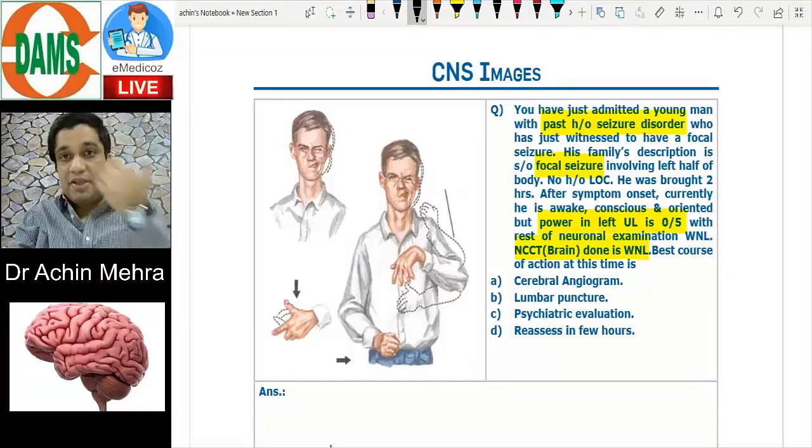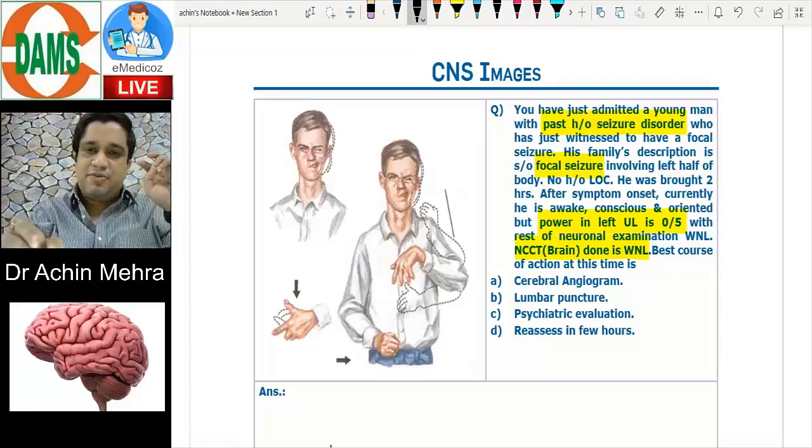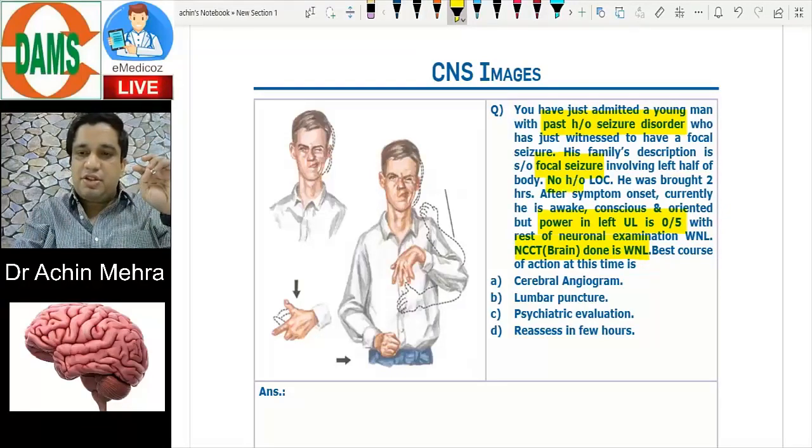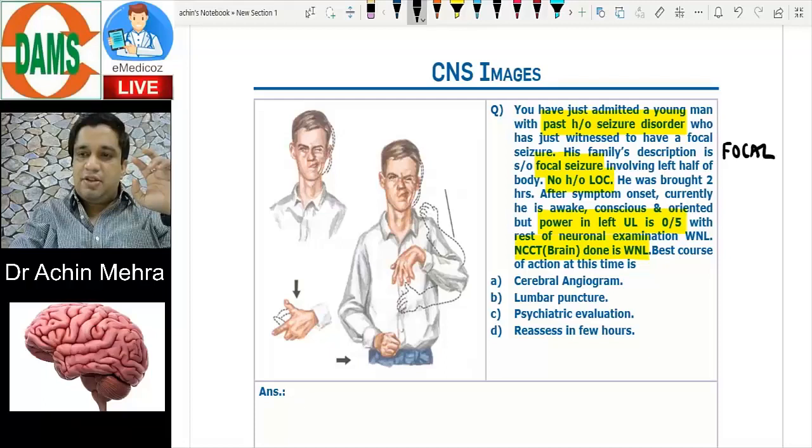If you have attended my classes in the online segment this year, you would realize that we have already done this question. One thing is very clear, that this patient had a focal seizure at home without history of loss of consciousness. So it was a focal seizure with intact awareness. Now what we have is a neurological deficit, that is the power in the limb is 0/5.